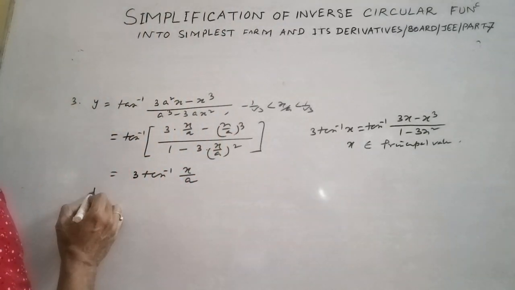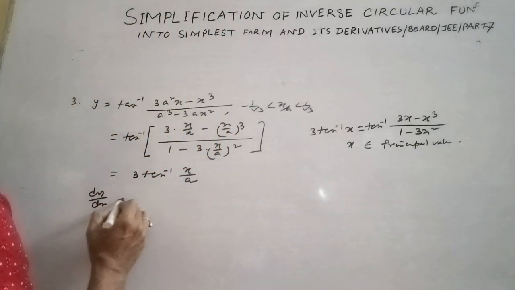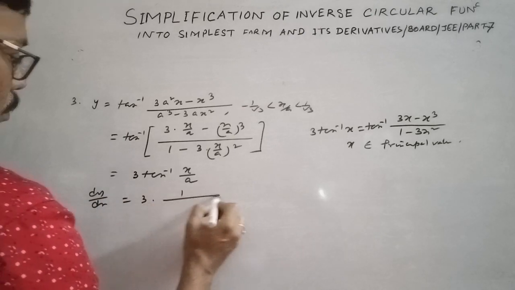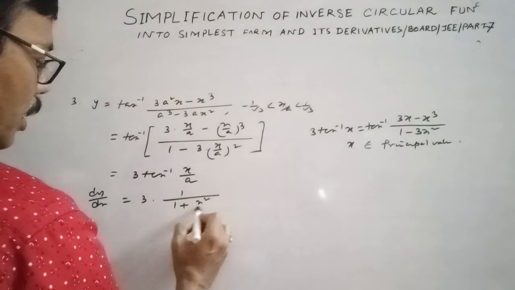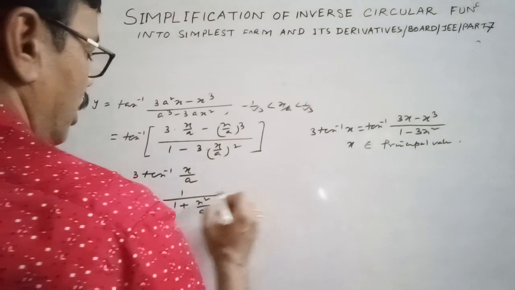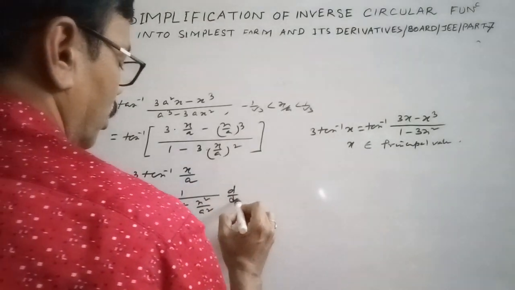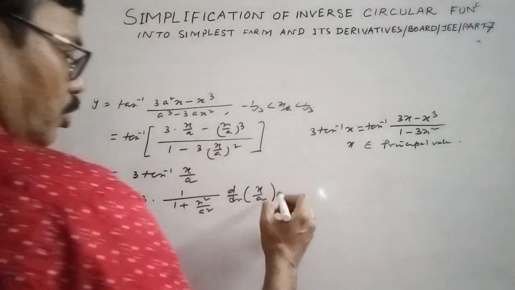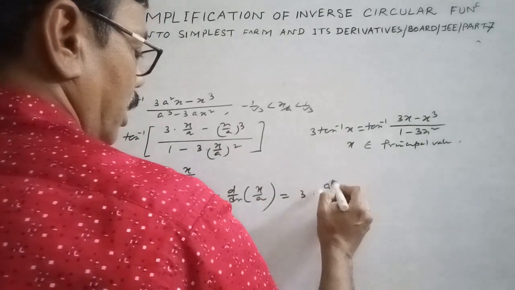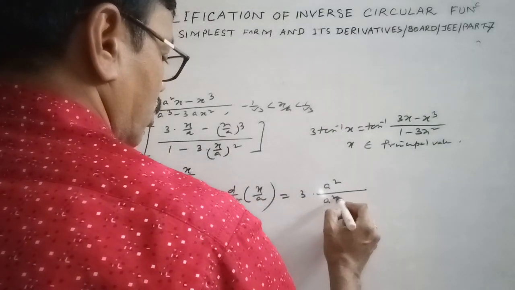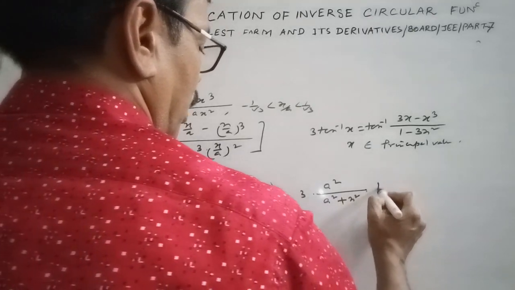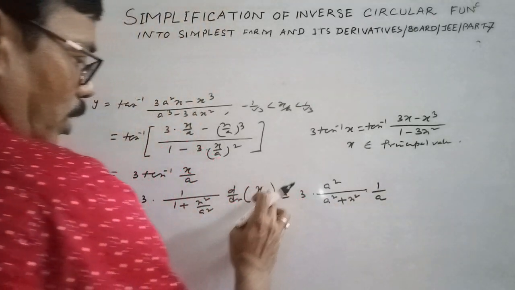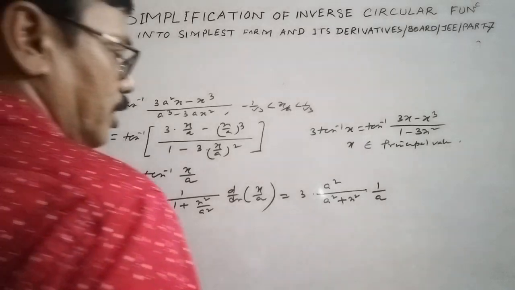Now what is the derivative? dy by dx: 3 unchanged, 1 by 1 plus x by a whole square into d by dx of the argument x by a. So this is to be noted: a square by a square plus x square into 1 by a unchanged, as the derivative of x is 1.